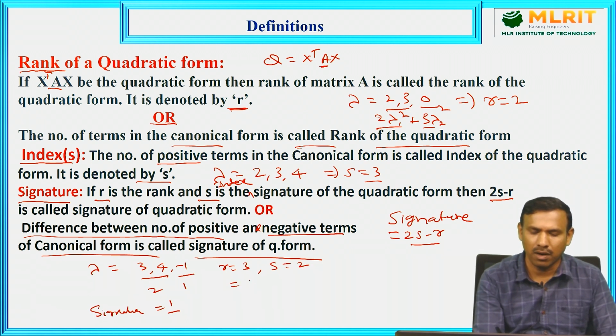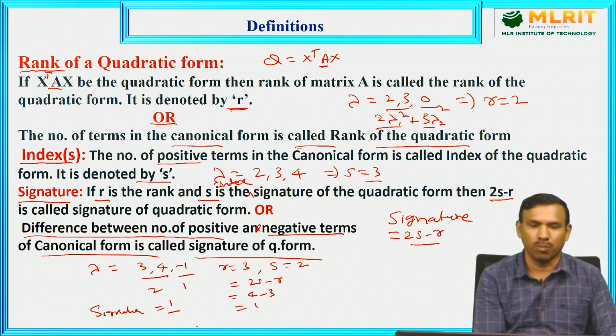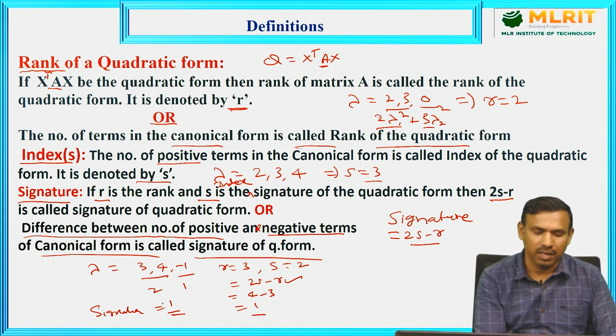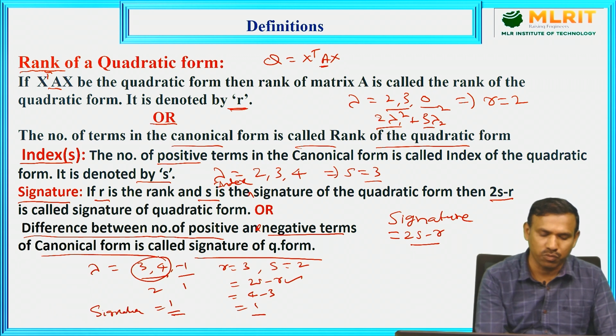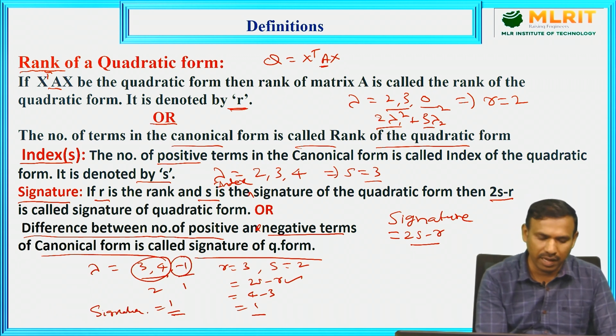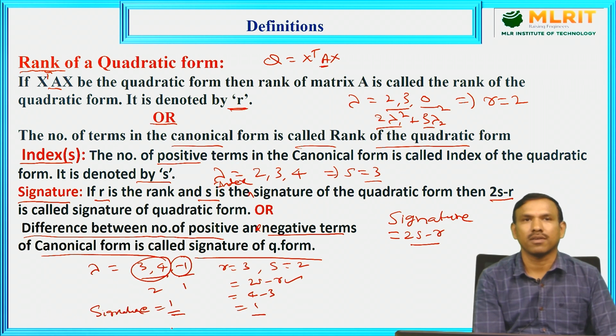What is the formula? 2S minus R. So 2 into 2, 4; 4 minus 3, 1. So both are the same. So straight away, you can use the formula 2S minus R. The difference between the number of positive terms 2 and negative terms 1 is 1. That will be treated as the signature of the quadratic form.